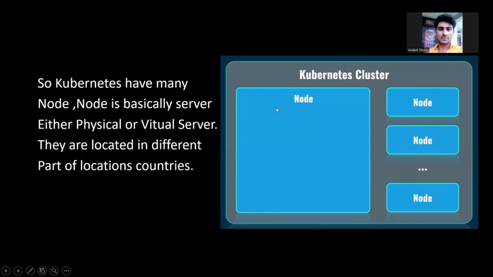Give me a second, let me write it here. Just wait a second, Vedant. I just want to explain something. Okay, this is a master node. And this is like a worker node.